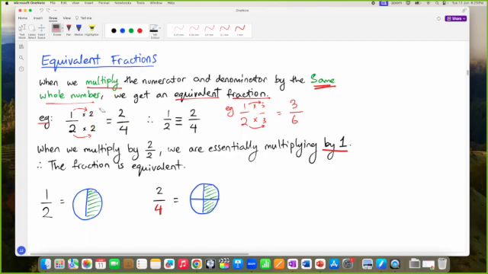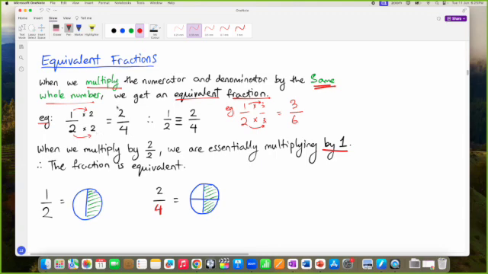So you just have to make sure, to find an equivalent fraction, that you multiply the top number and the underneath number by the same whole number. So 1 times 2 is 2, and at the bottom 2 times 2 is 4.